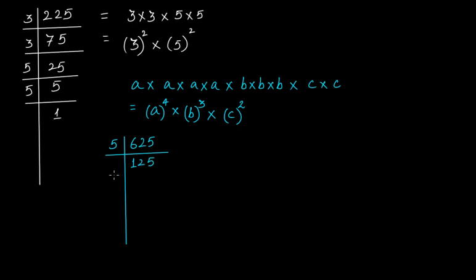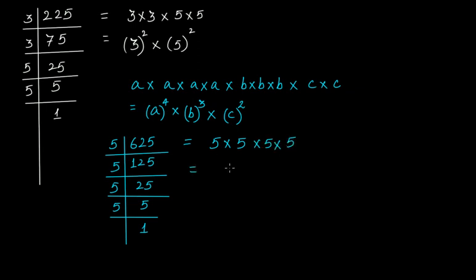And then 5, 5. So we can write this 625 as 5 times 5 times 5 times 5. This is 5 raised to the power of 4. So this is the basic introduction to exponents and powers.